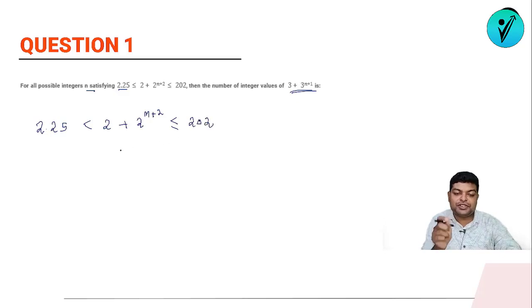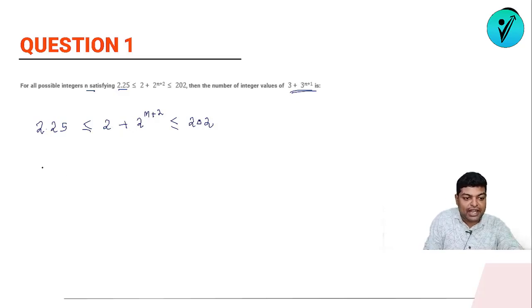For smaller values of n, 2.25 is obviously greater than 2. So if I can have 2 or more than 2, what is the minimum value of n I can have? Suppose I keep n as -2, then -2 plus 2 will become 0, so this is 2 plus 2 to the power of 0, so this will become 3.